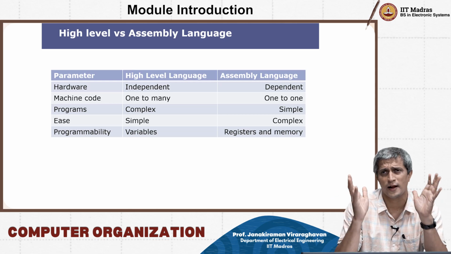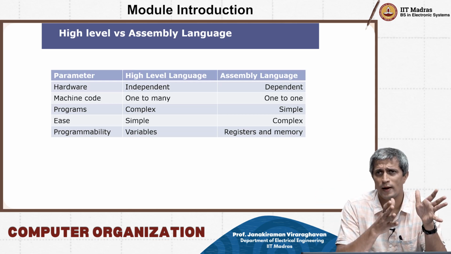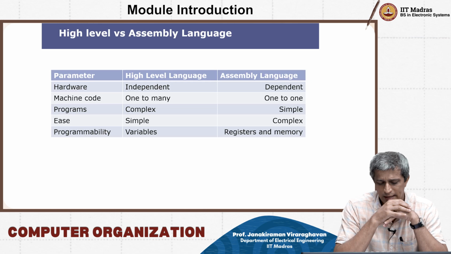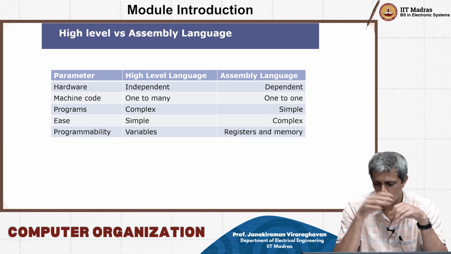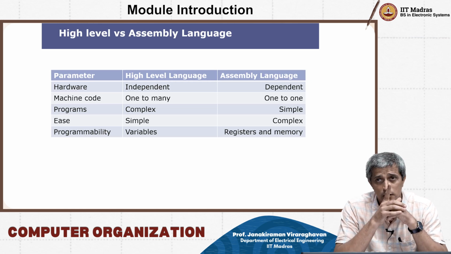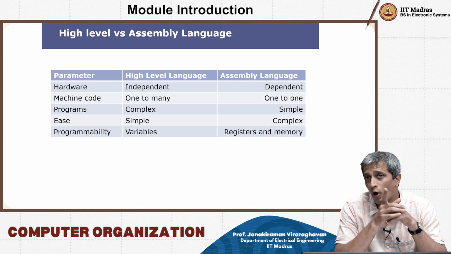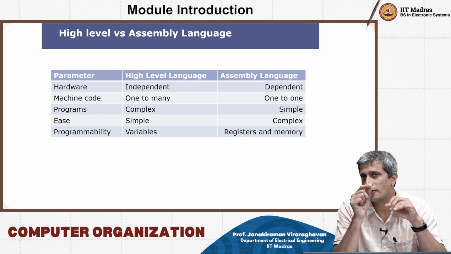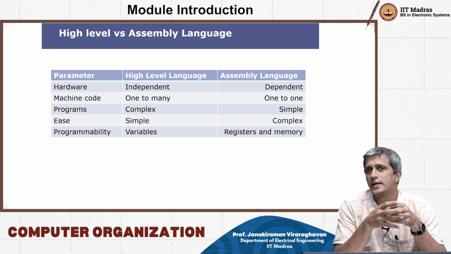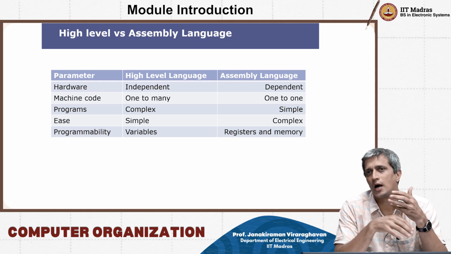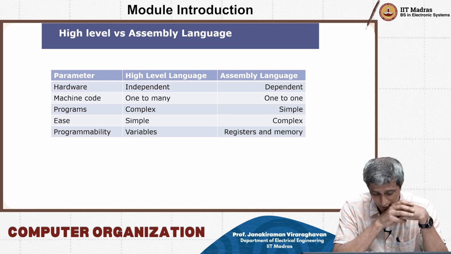You just go ahead, write your printfs, for loops, while loops and so on. So it is completely independent of the hardware. On the other hand, in the assembly language, what kind of instructions are available for a given microprocessor is very much dependent on the hardware and the kind of implementation.